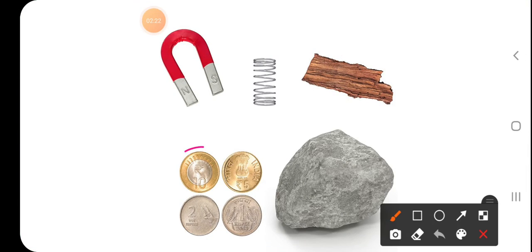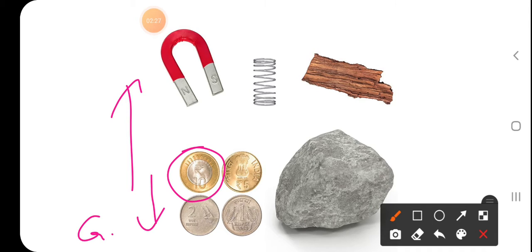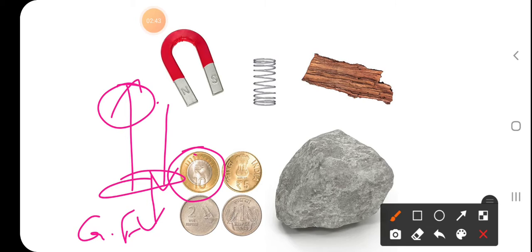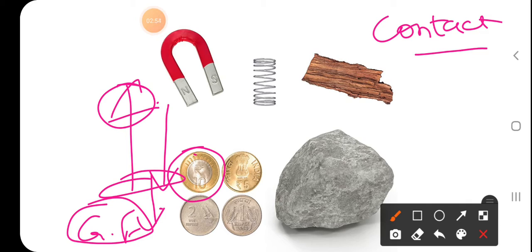When you leave this coin up in the air, it comes and falls down due to gravitational force. Observe whether the coin is touching the earth or not. The coin is in the air, coming down and falling on the earth due to gravitational force. That means the earth and the coin are not in contact with each other. Remember this word, contact.